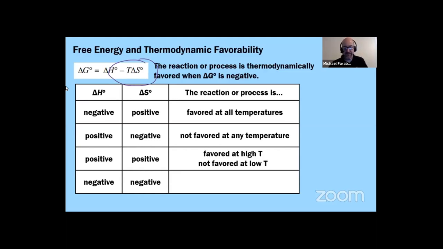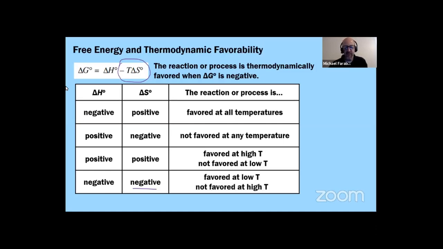And if, instead, delta H is negative, so that's a good thing. But now delta S is negative. If T is rather large, you have a negative times a negative. So that's actually going to make this term positive and is going to lead to a potentially positive delta G overall. You want the T to be low.